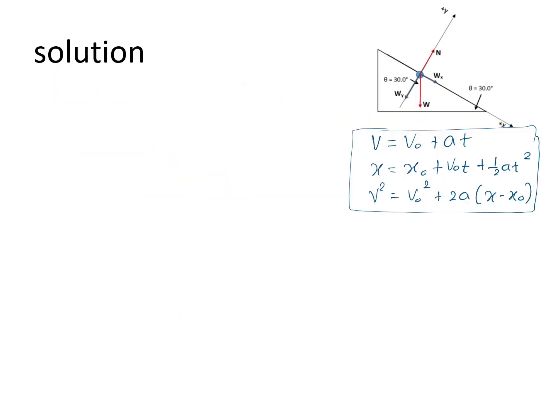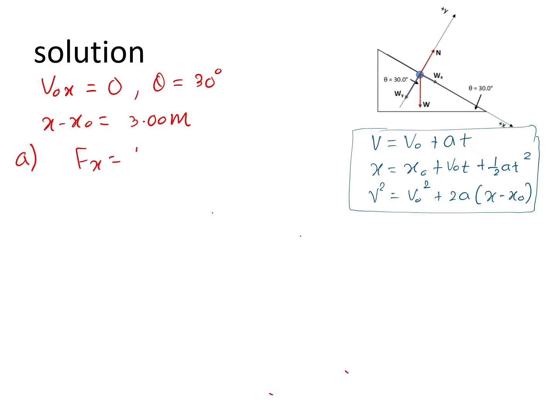Let's look at the solution. First, write the known values. We know that the initial velocity in the x direction is 0 and the angle theta is 30 degrees. We also know x minus x naught is equal to 3 meters. For part A, we need to find the acceleration. From Newton's second law, force in the x direction is equal to mass times acceleration in the x direction.